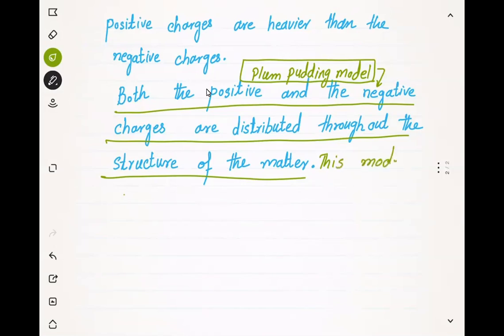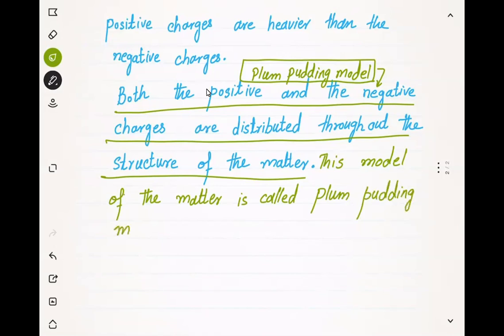This model of the matter is called the plum pudding model, in which you have a uniform distribution of positive and negative charges.